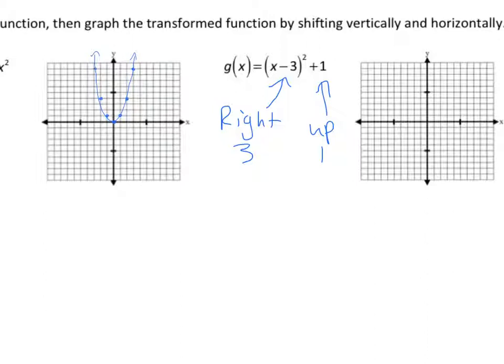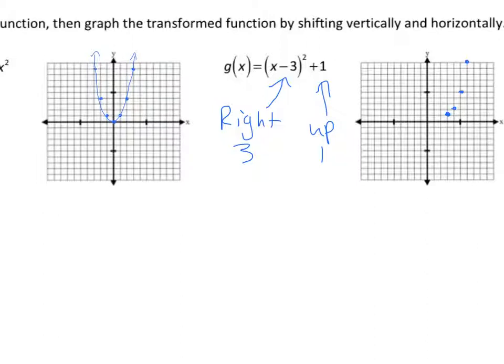So I start by moving the vertex of the parabola from the center, or the origin, right 3 and up 1, and I get the point 3, 1. Then I follow the same shape of the graph. From that point, I went over 1, up 1, over 2, up 4, and over 3, up 9 is going to land right here.